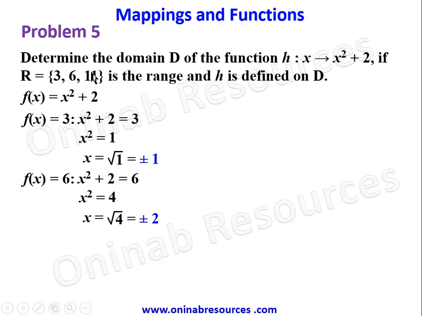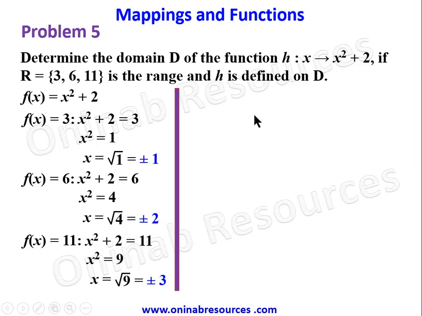Then the last one, f(x) is equal to 11, that is x squared plus 2 is equal to 11. Then x squared will be 11 minus 2 gives 9, so x is the square root of 9, which gives plus or minus 3. So we now collect the domain.